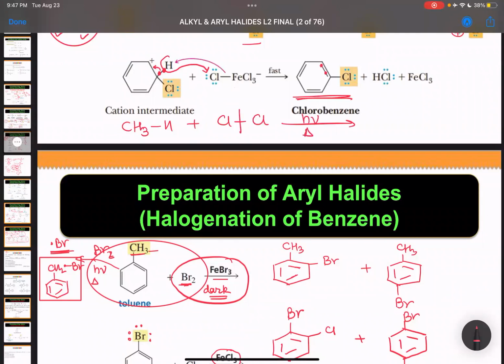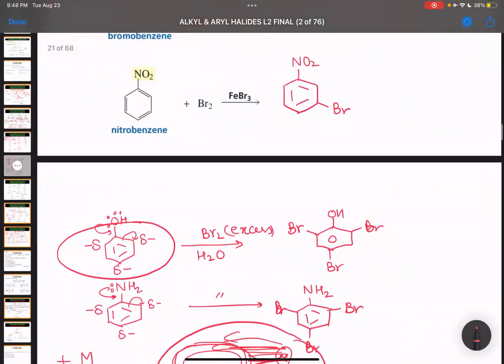This Cl will break and this H will break. Remove them as HCl and prepare CH3Cl. That is photohalogenation, the halogenation of an sp3 carbon in the presence of light. Is it clear? Now we can move to this question.